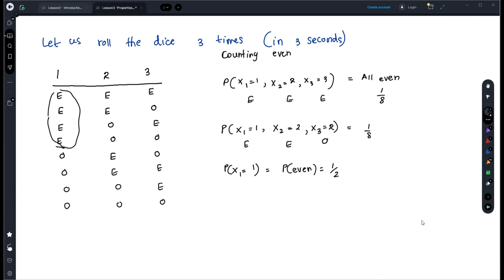Now with that, can you find this conditional probability? I want to find the probability that x2 equals 2, x3 equals 3, given x1 equals 1. Now this is different, okay? It's not just the probability, this is the conditional probability that x2 equals 2 and x3 equals 3, given that x1 was 1.